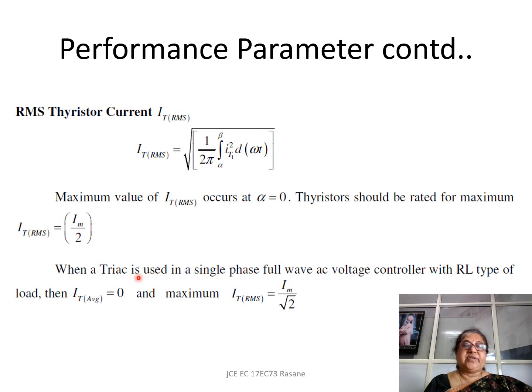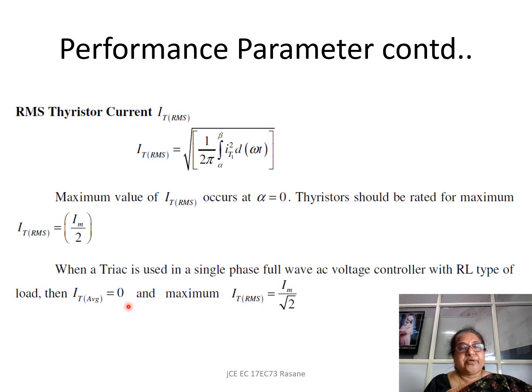Okay. So when a triac is used in a single phase full wave AC voltage controller with RL type of load, then IT average will be 0. Note that the average value is nothing but the difference of positive area and negative area. So if it is an AC triac, the triac is going to carry both the positive as well as negative current, unlike two anti-parallel SCRs which will carry current only in one direction.